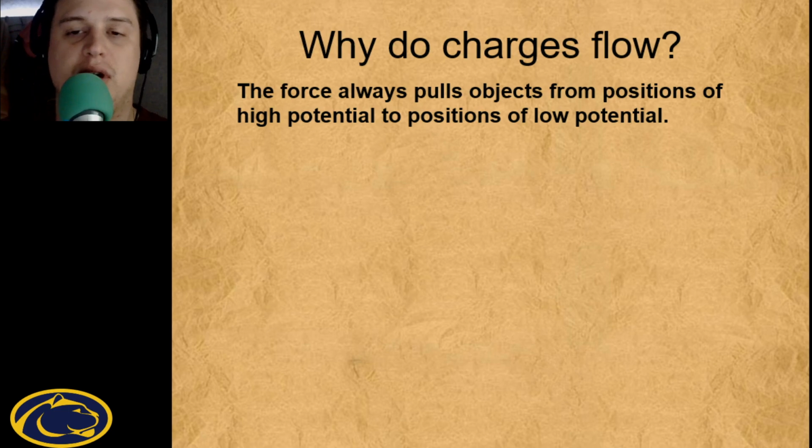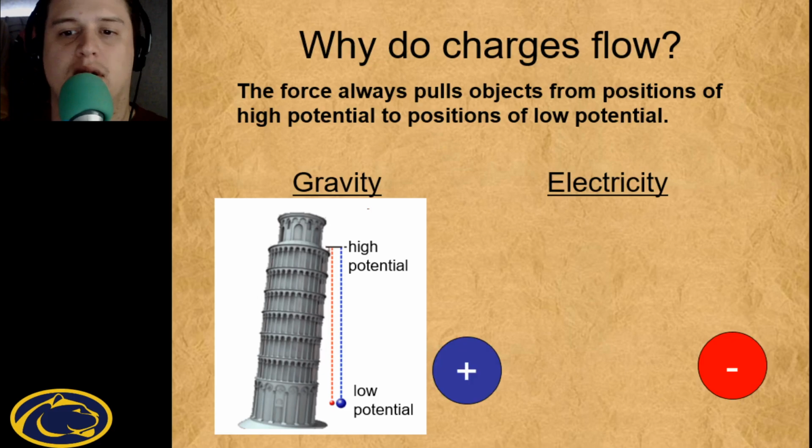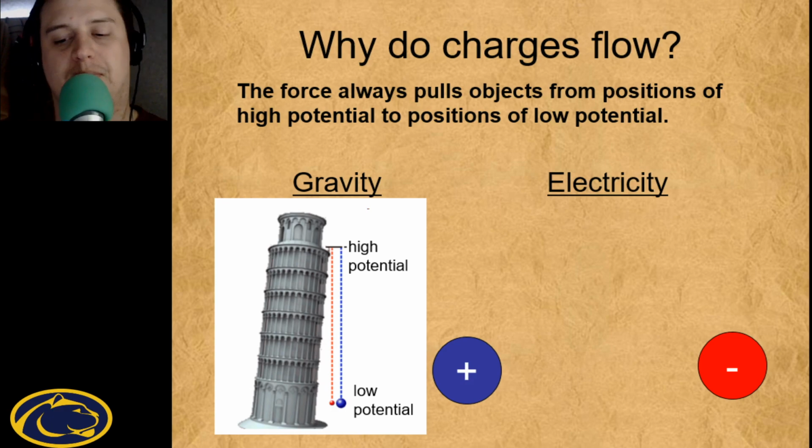Why do charges flow? The force always pulls objects from positions of high potential to positions of low potential. What's high potential versus low potential in gravity? High potential is very high up, low potential is very low to the ground. If you remember from our potential energy and kinetic energy lessons from before, high potential is up really high, low potential is low.